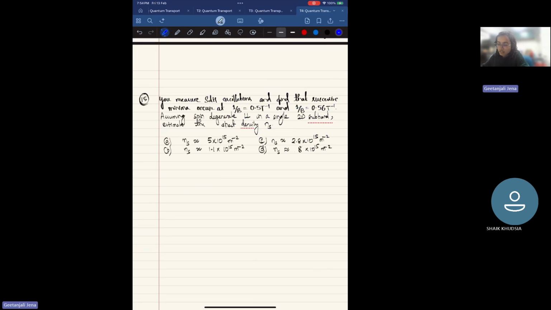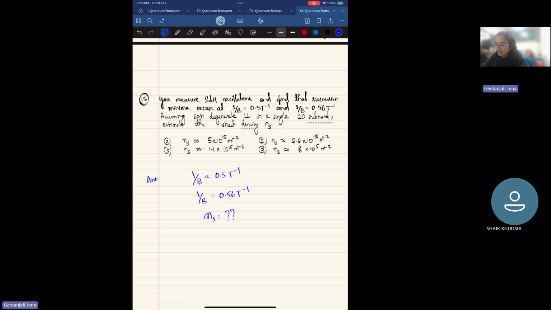Question number 15. You measure the SdH oscillation and find the successive minima occur at 1 by B equal to 0.5 Tesla inverse and 1 by B equal to 0.56 Tesla inverse. Assuming spin degenerate Landau levels in a single 2D subband, estimate the sheet density.